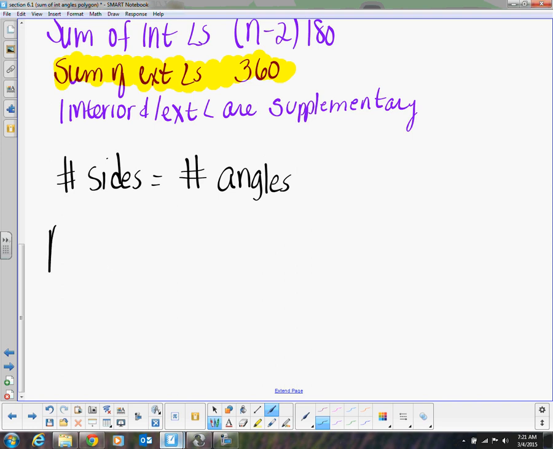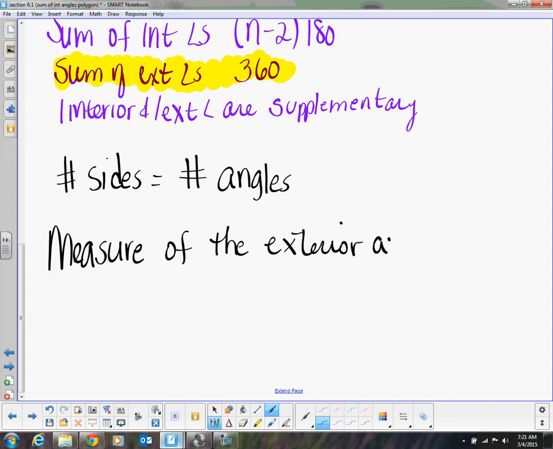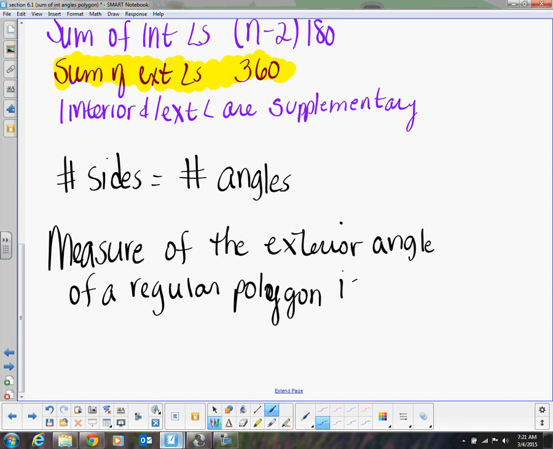So if I tell you that the measure of the exterior angle of a regular polygon is, I don't know, 100?